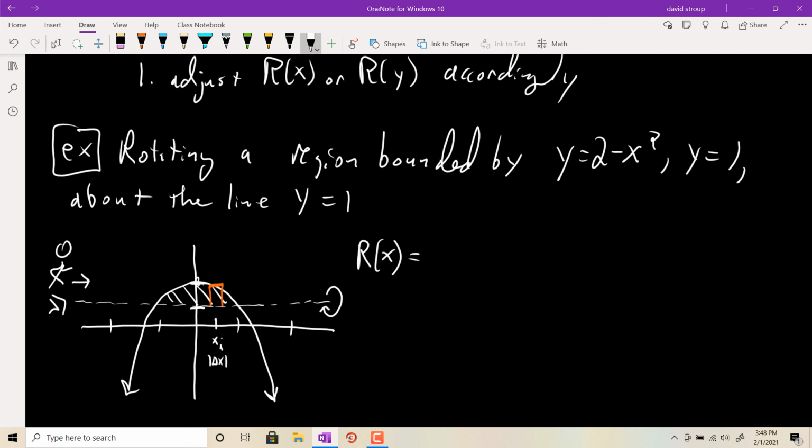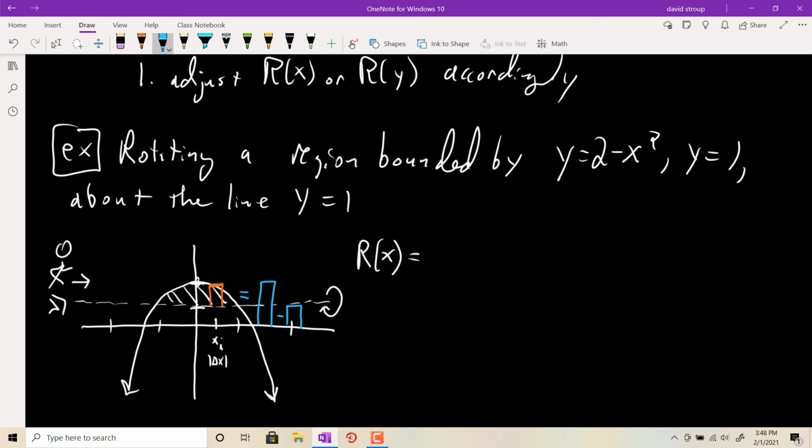Well, it's a difference, right? It's two things. It's this height from the x-axis to the top of that red rectangle, minus this height, the distance from the x-axis to the line y equals 1. If you subtract those two, then you get the red height.